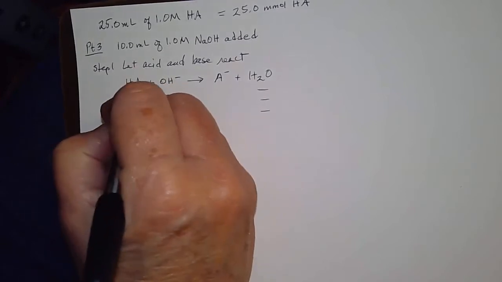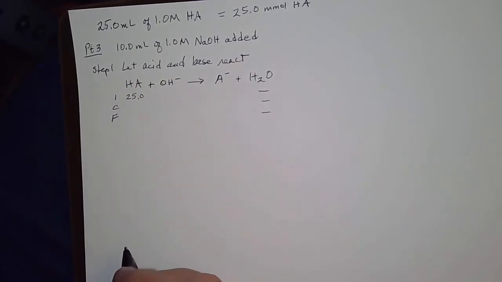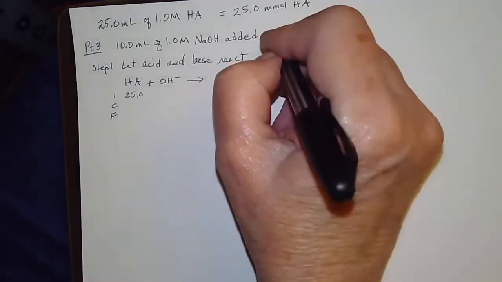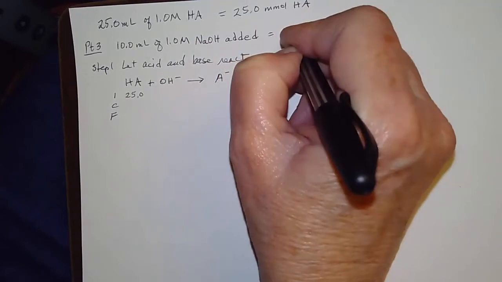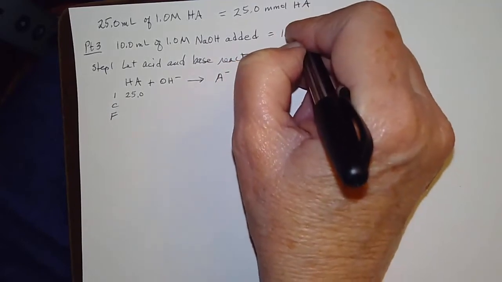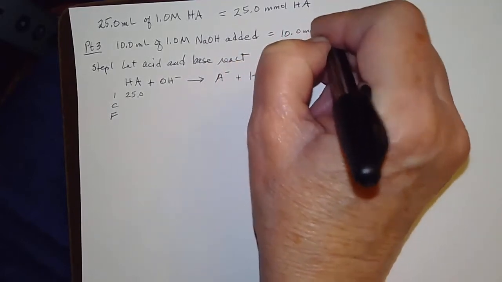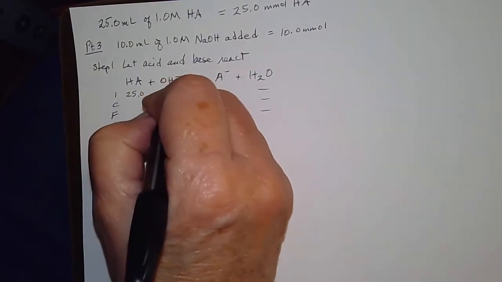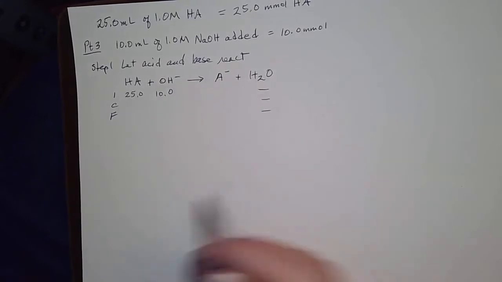So we're going to have 25. I'm adding 10 mils of 1 molar base, so that's going to be 10 millimoles, and I'm not going to worry about sig figs right now. So it should be 25 and 10.